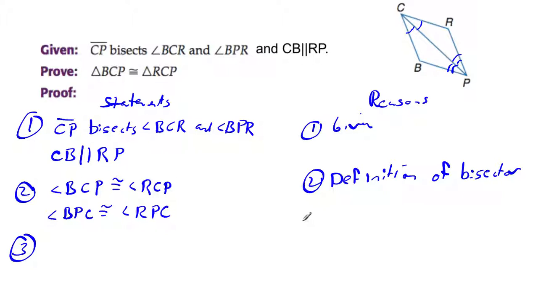Actually, I don't even need that parallel line. With that parallel line, if we wanted to, we could show that these angles are actually congruent, and that would give us some other things, but we don't have to worry about that because we actually have enough. We can say that CP is congruent to CP, and that is, of course, the reflexive property.